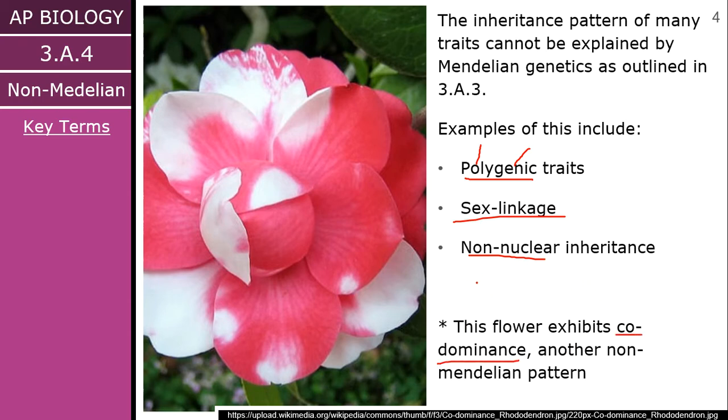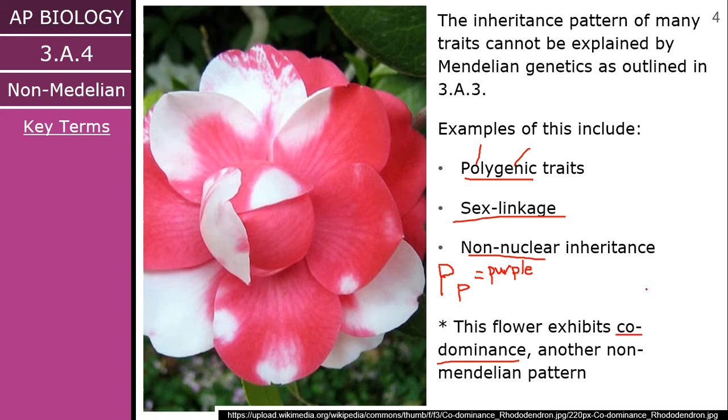Codominance is basically when 2 alleles. Remember how when you had alleles, you only showed one of them. Like if you were big P, little p, that meant that you had purple flowers because purple was dominant to white. You remember that from last lecture? Well, if a trait is codominant, it's a little different.